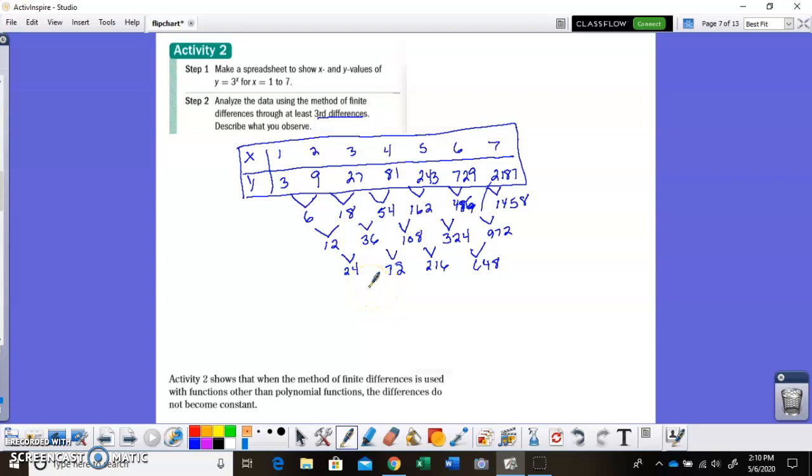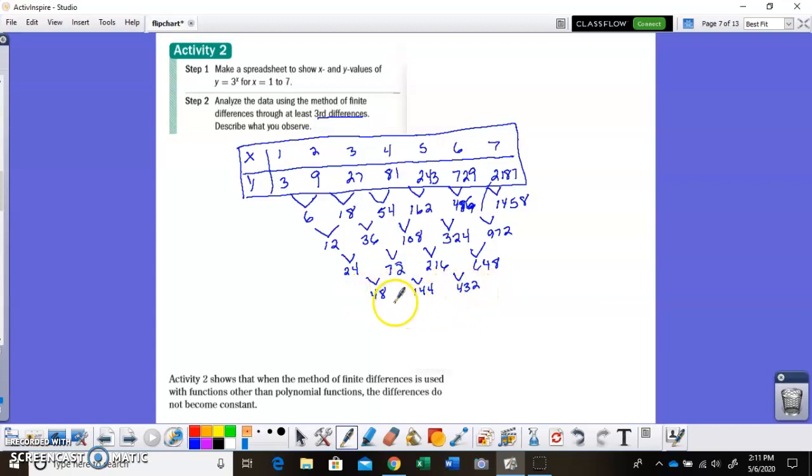So let's say if I wanted to see if it was quartic, to the fourth degree. So 72 minus 24, I'm looking at 48. And 216 minus 72 is 144. And 648 minus 216, I have 432. Well, I can still see that it's not quartic.